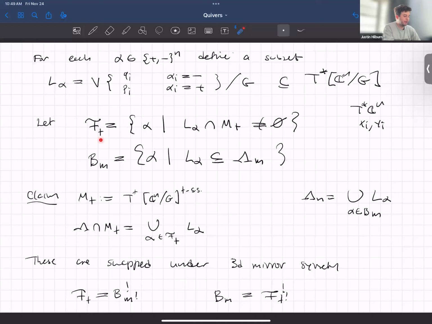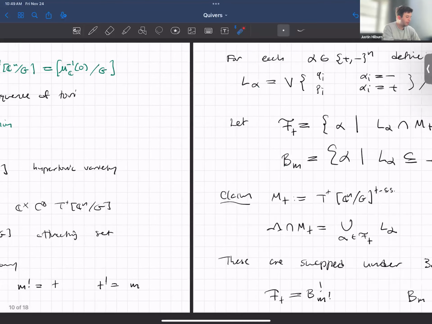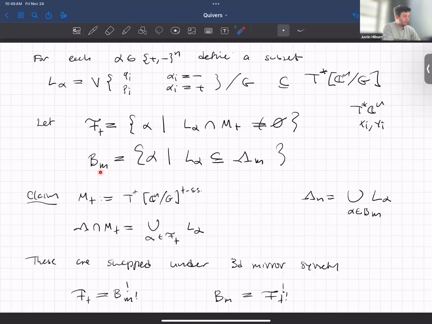So these are all the L alphas that are going to survive into the GIT quotient where you impose the t stable condition. And then also the bounded chambers for the mass parameters. These are going to be all of the ones that are contained inside of this Lagrangian.